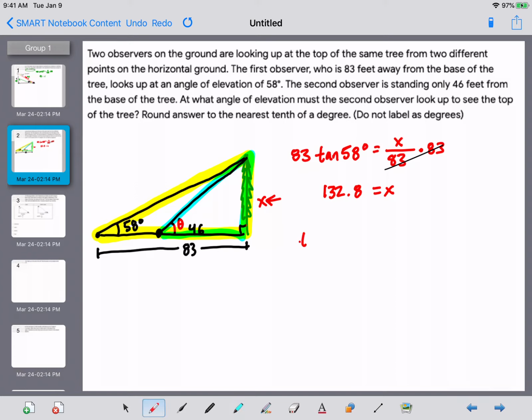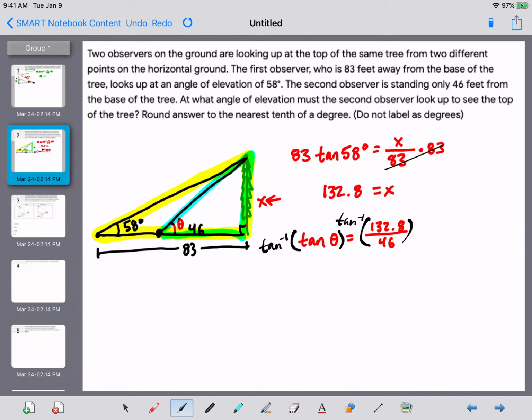So we're going to say the tangent of theta is equal to our opposite, which is 132.8, over our adjacent, which is 46. And we want to get tangent by itself, so we're going to have to do the inverse tangent to get theta by itself.